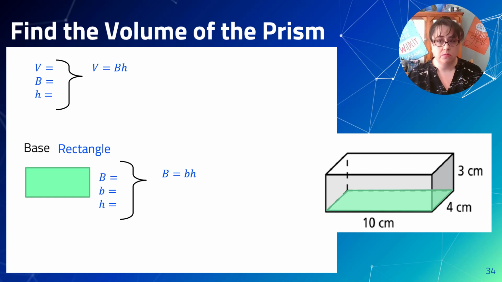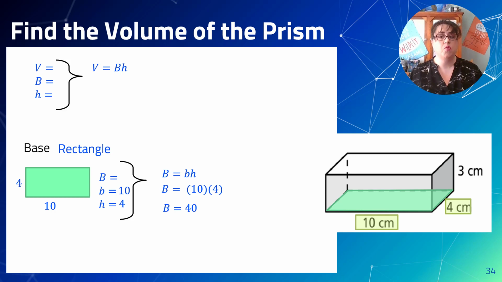Now, this is where we might start looking a little bit different. I'm going to choose the very bottom, that 10 by 4, as my base. And so I'm going to do 10 by 4 and I'm going to get 40. Now that I know my base area is 40, I bring that back up to my big plan. And now remember that the height connects those two parallel bases.